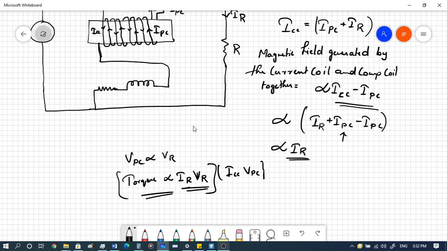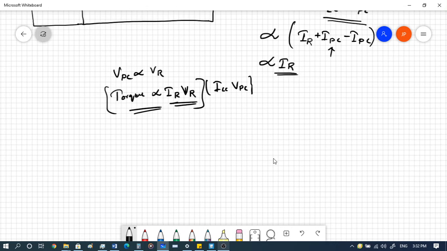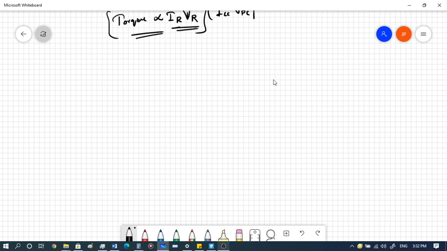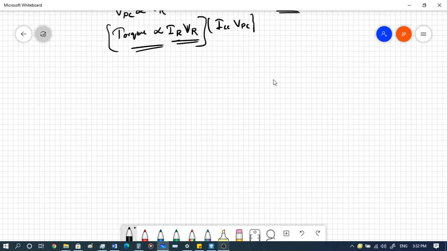Now let's look at the energy meter, right? In the very first class, we had shown a small video of an aluminum disc.